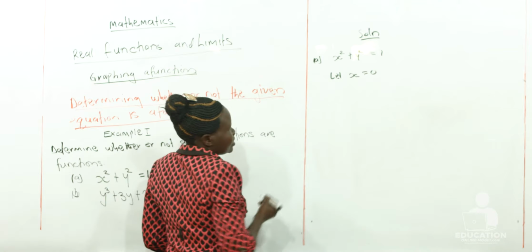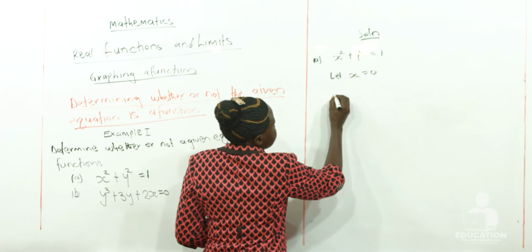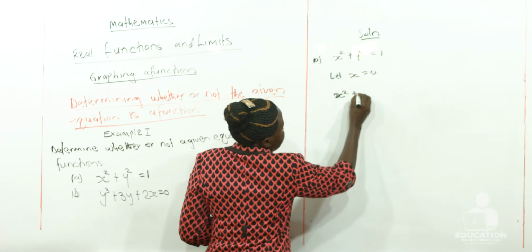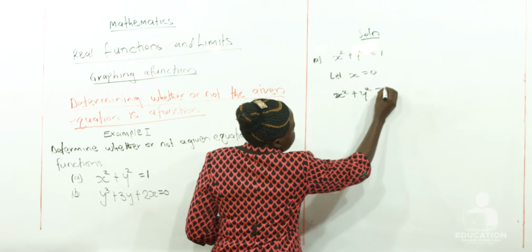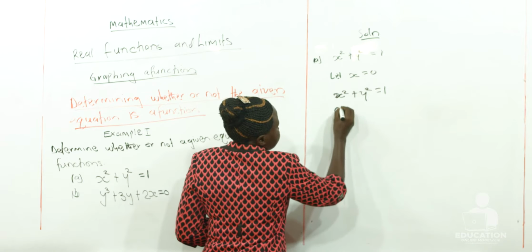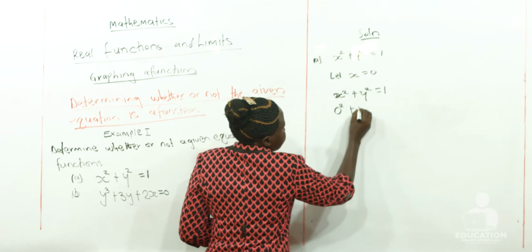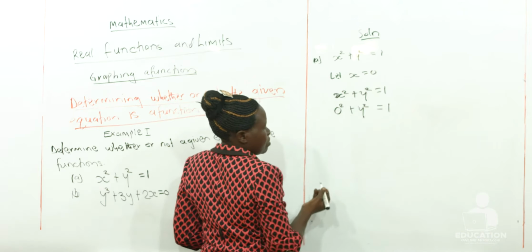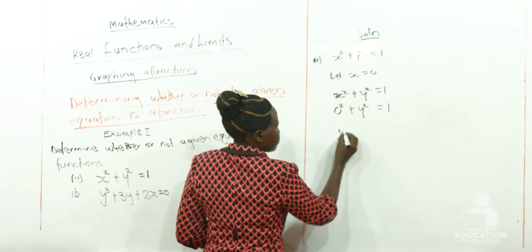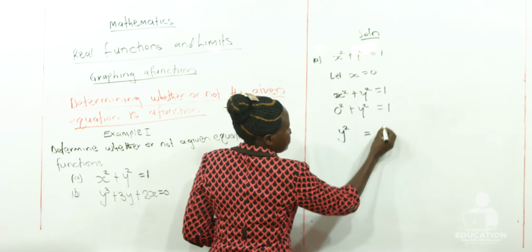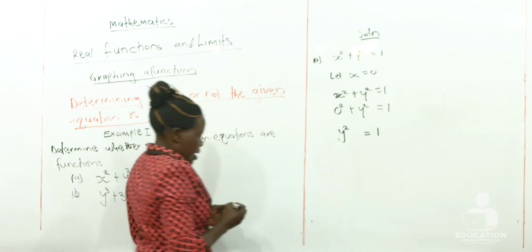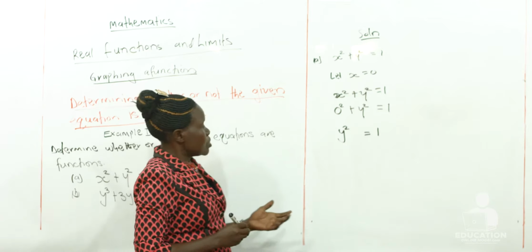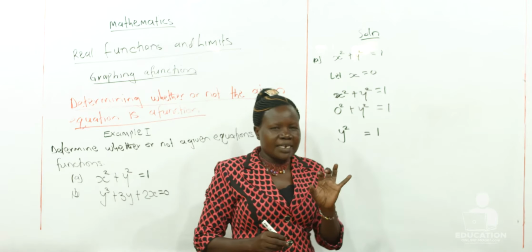So if x is 0, then we shall have x squared plus y squared equals 1. Therefore, this will be 0 squared plus y squared equals 1. And therefore, this 0 will go off, and we remain with the positive y squared equals 1.